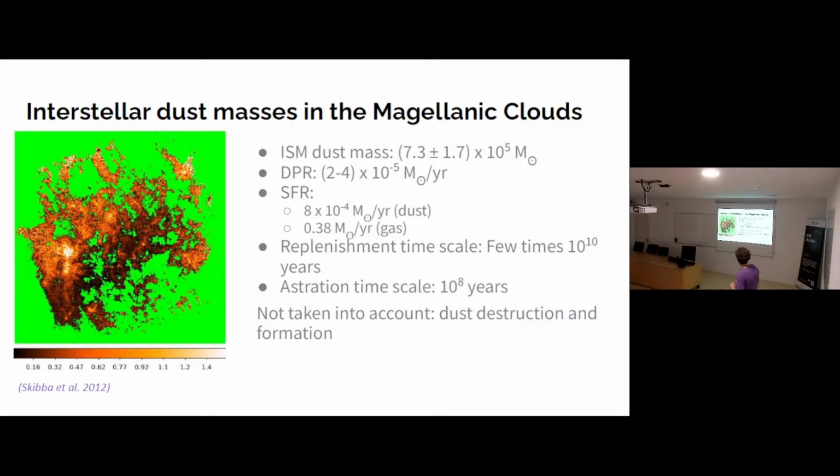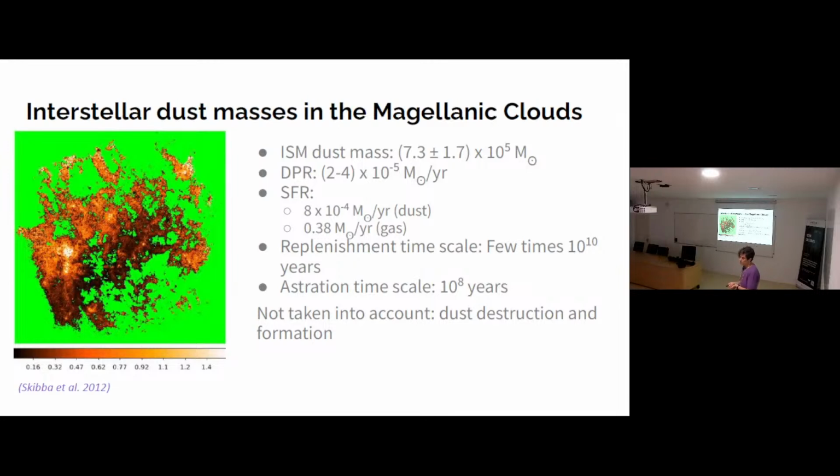And this map here is the LMC again, and disregard all the green, but all the color scale here is highlighting the dust masses pixel by pixel, so the relative dust masses. And if you add up all these pixels where we have enough signal to noise to determine the dust mass, we get to an interstellar dust mass of 7 times 10 to the 5 solar masses. And compare that with the dust production rate that was just calculated, which is a few times 10 to the minus 5 solar masses a year.